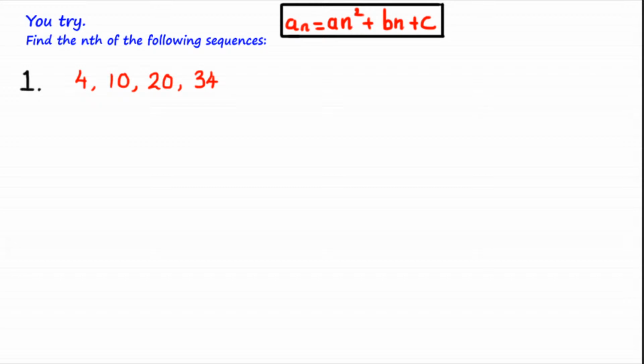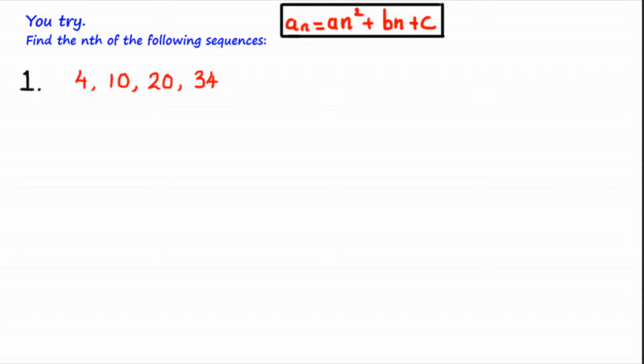Does anyone else have any suggestions on the nth term of this quadratic sequence? Yeah, if you just tell us what a is equal to, b is equal to, and c is equal to, that would be a lot clearer to be able to see.